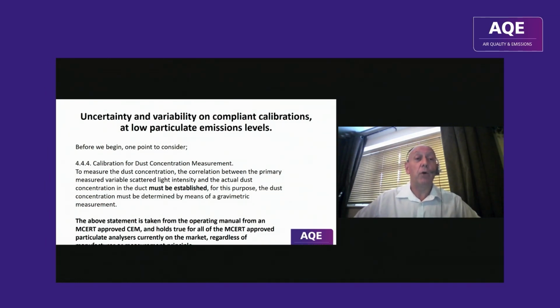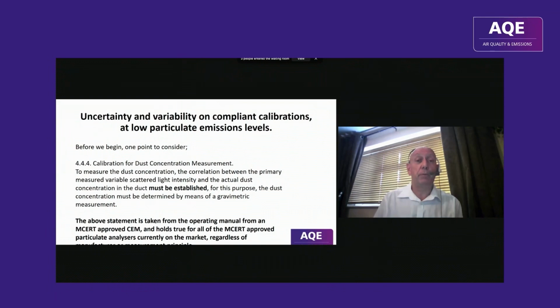Just to make the point clear, no dust monitor on the market today that's MCERT certified will give you a dust concentration the minute you put it in the stack. Most manufacturers will ask you what's the typical concentration, and the output from the response of the continuous emission monitor will be set where it's believed the dust concentration is.